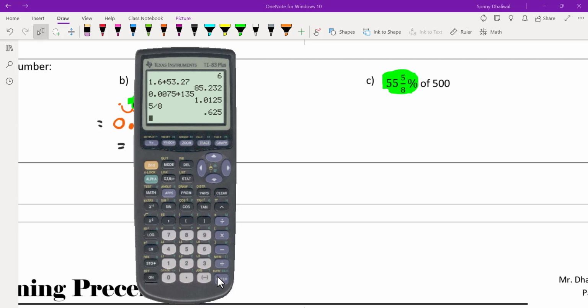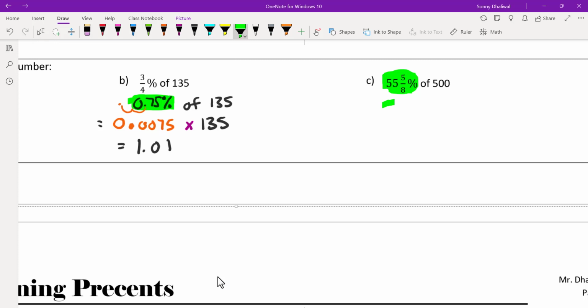So what would this number be? 55.63. Yeah, it's 55.63, right? Change that to 55.63%. I'll keep the percent there, of 500. I'm going to write it out. Now, that percentage gets turned to a decimal.